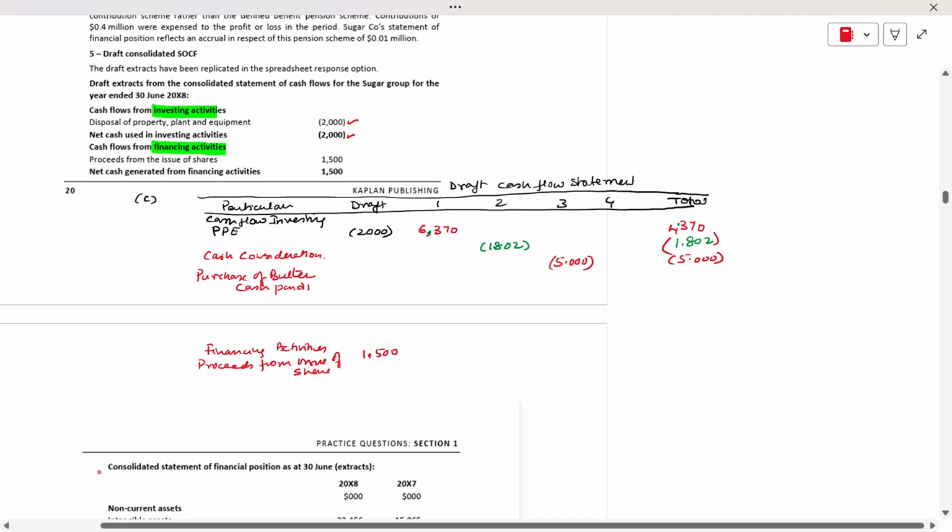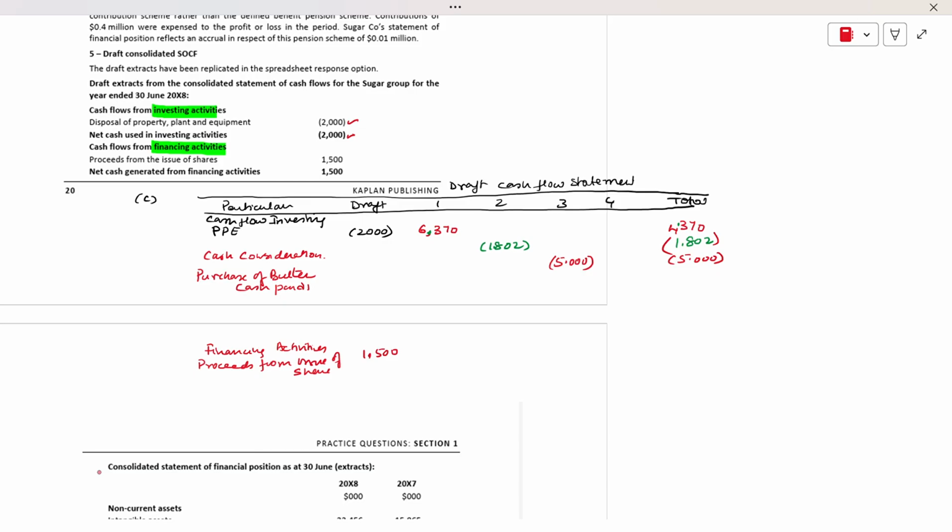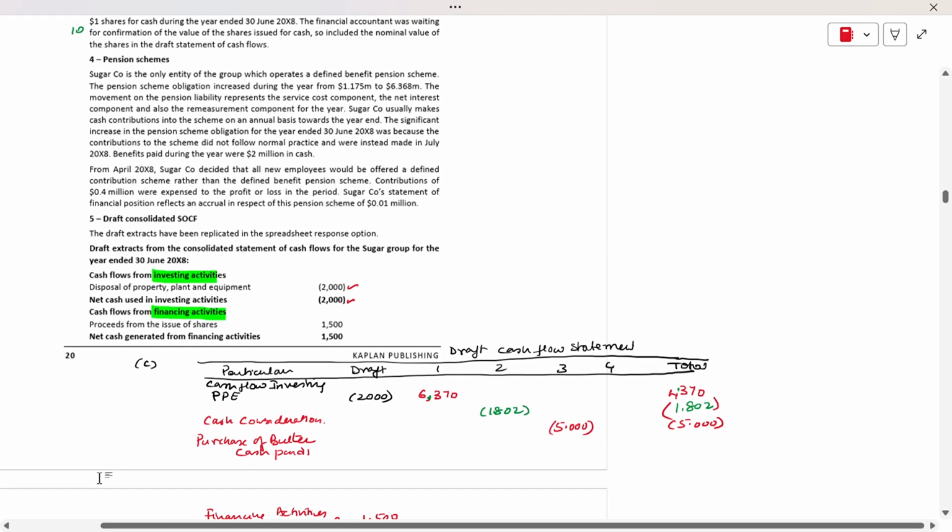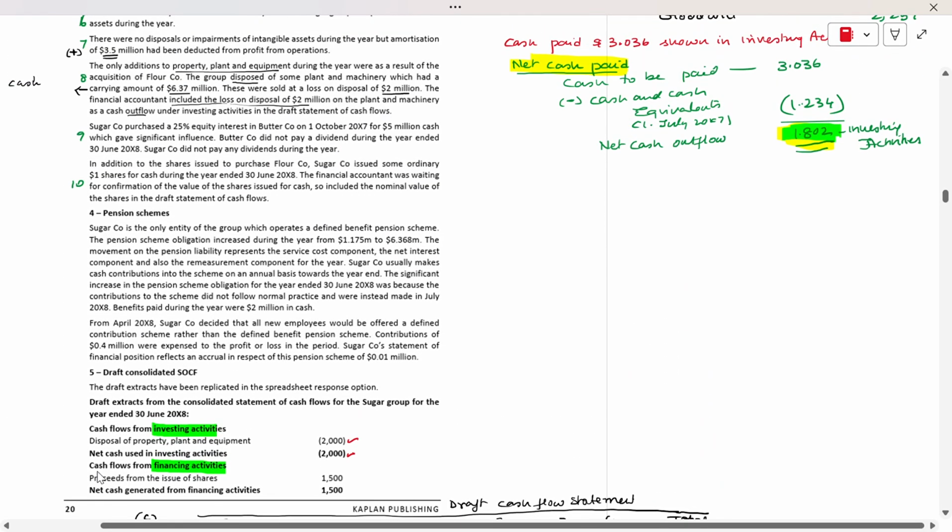Okay, 1.5. Now what did they say? Just read this one. How much have they paid?